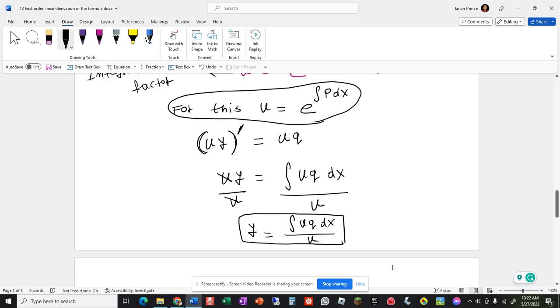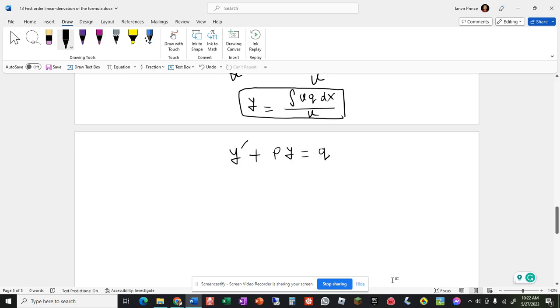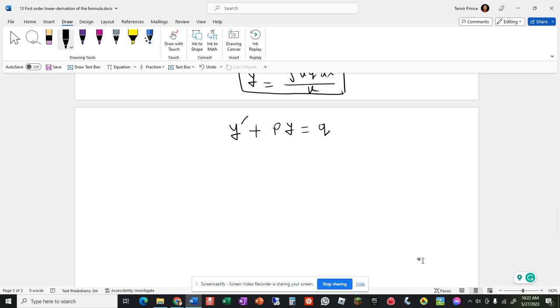So let's summarize. What are the steps? You have a first order linear differential equation written in the standard form. So this is the standard form of the first order linear. Step 1 is finding the integrating factor.